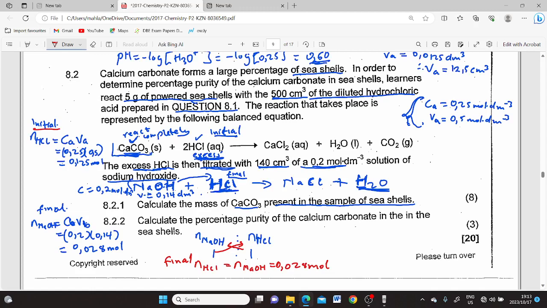Originally we had this amount, and finally this one. So let's check what amount reacted, because the whole of this reacted with NaOH, but how much of it reacted with the calcium carbonate? We'll get the number of moles of HCl reacted.